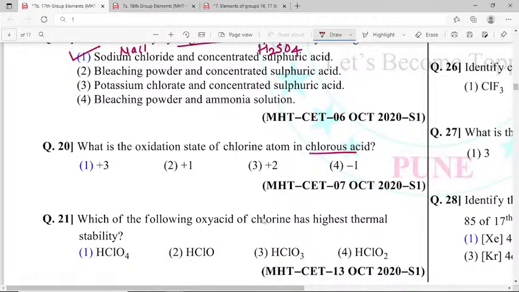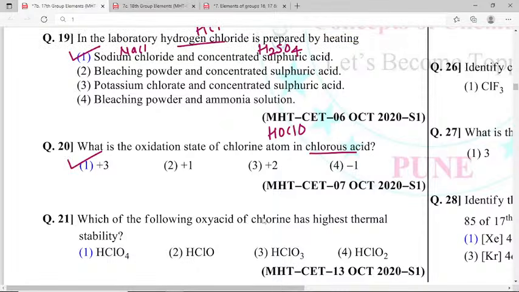Many times this question is asked. So chlorous acid is +3. HOClO, written in this way as HClO2, called chlorous acid.